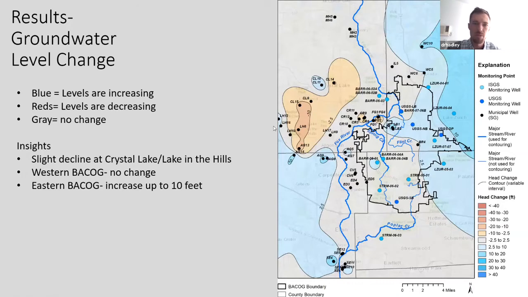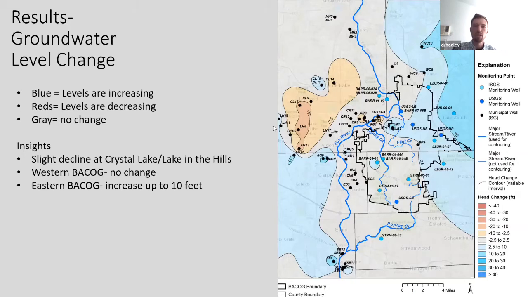The reason that we split this up between those two time frames is because the protocol for measuring these water levels changed from 2016 to 2017. So in 2014, 2015, and 2016, all the municipal wells, so all the black dots, were measured under pumping conditions. That means that the wells were on at the time when those water level measurements were taken.